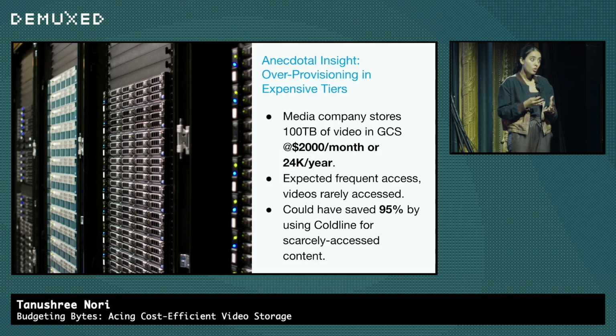Now, had they stored that 100 terabytes in a less expensive tier, coldline storage, they could have stored it for $100 per month. So in being unable to approximate the demand or retrieval on their content, they were overpaying by close to 95% on their storage costs, or close to $22,000 in excess of what they would have paid.